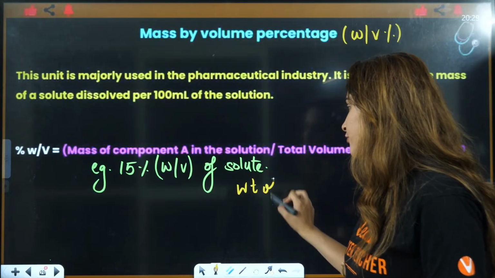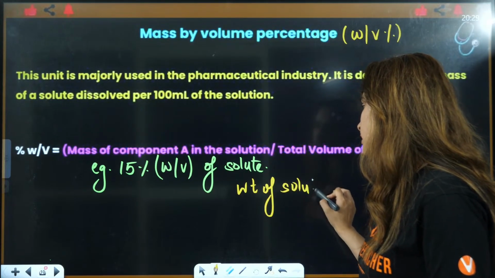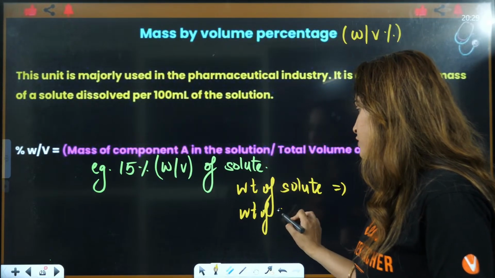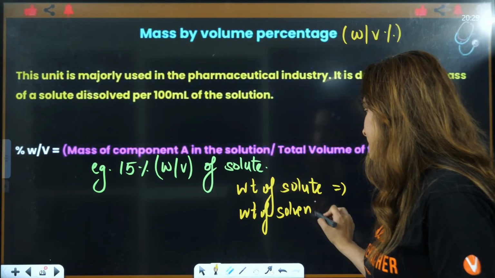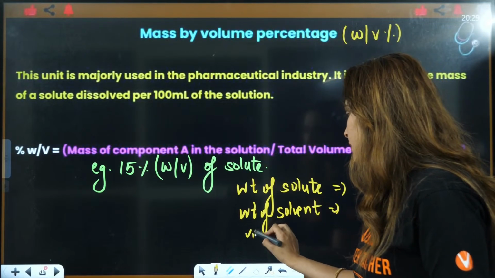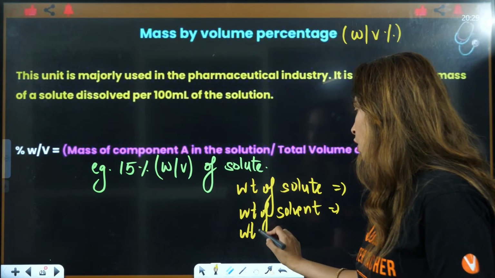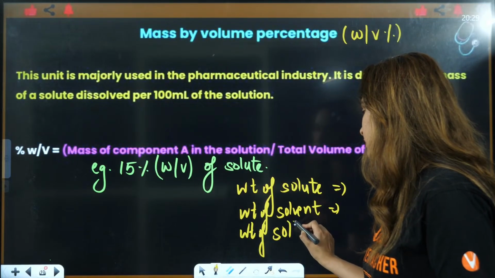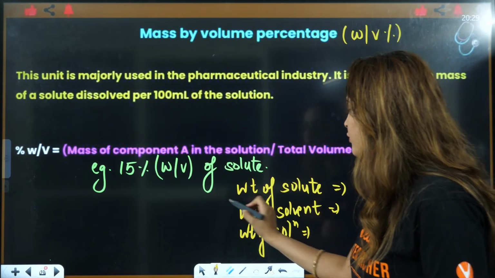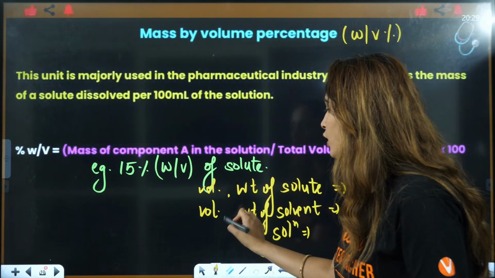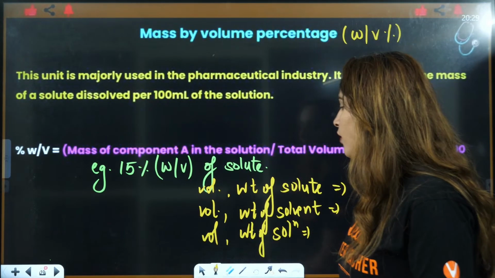What will be the weight of solute? What is going to be the weight of solvent? What is going to be the weight of solution? Similarly, tell me the volume of solute, volume of solvent, volume of solution.